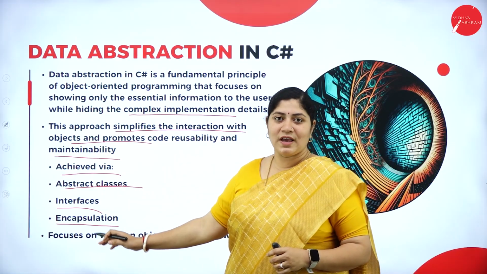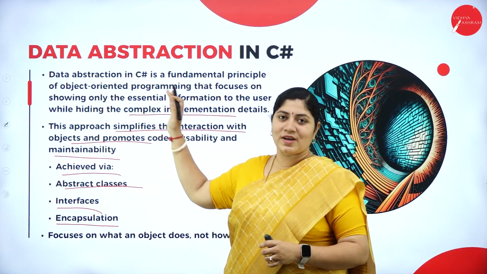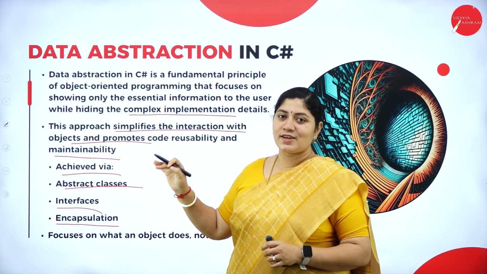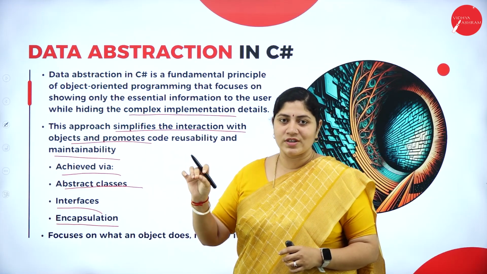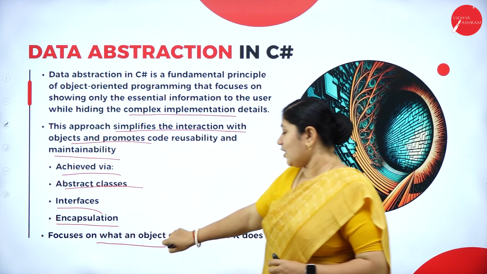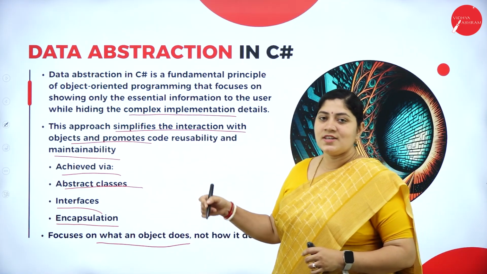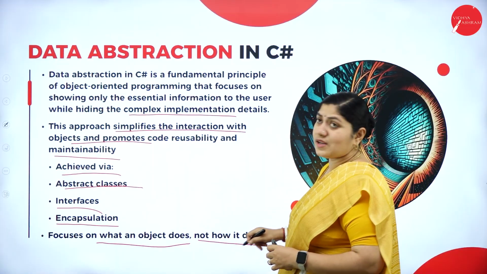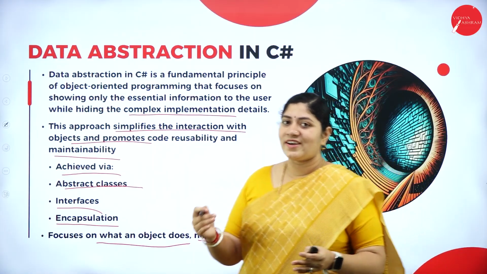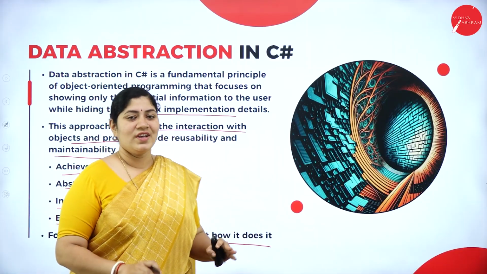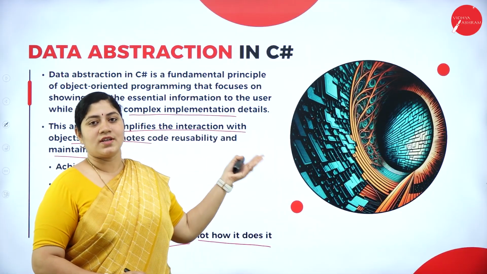Yes, over here, we have a nice line with respect to data abstraction. We can say data abstraction only focuses on what an object does, but it doesn't focus on how it does it, okay? So this is about data abstraction.